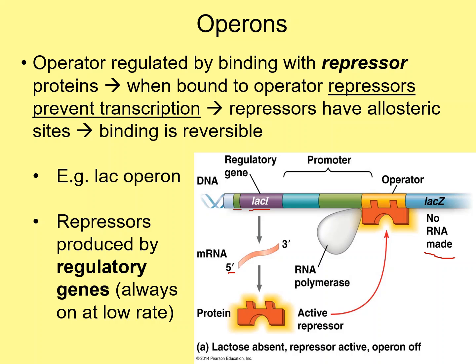But it can exist in both forms, and that's how bacteria regulate transcription. If you have an active form of the repressor, then it binds to the operator and blocks transcription. If the repressor is in the inactive form, it cannot bind to the operator, and therefore we have transcription happening.